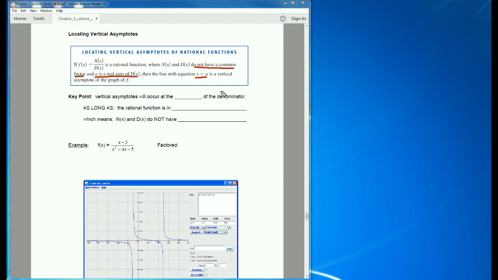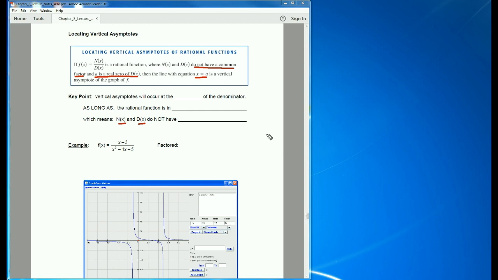So the key point here is that the vertical asymptotes will occur at the zeros of the denominator, as long as the rational function is in lowest terms. Okay, and what that means is that the numerator and the denominator do not have any common factors.